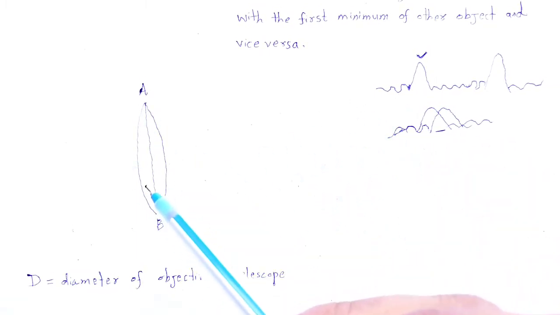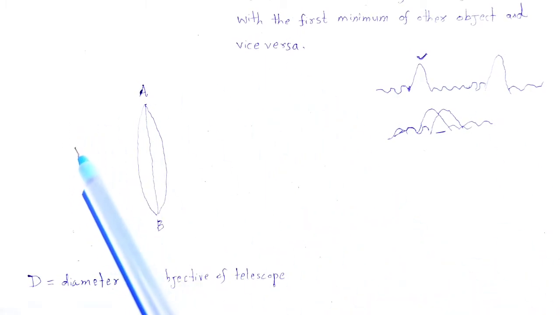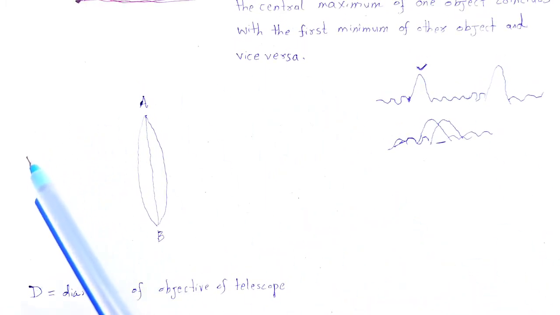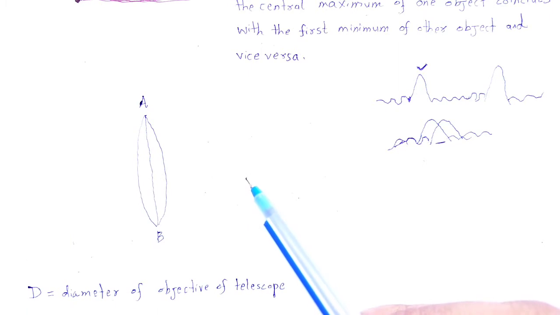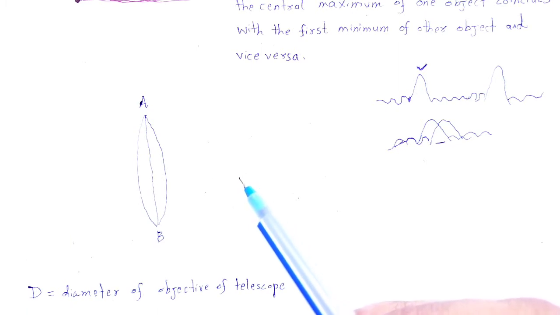That is also a circular aperture. As the objects are at infinity, here we have the Fraunhofer type of diffraction.